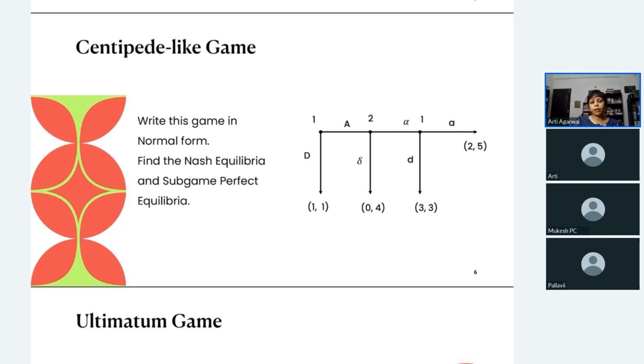Player one starts first, then player two chooses, and then player one chooses again. I'm just asking you notationally, in terms of the notation given: A, D, alpha, delta, small a, small d. What do you think are the strategies of both the players?